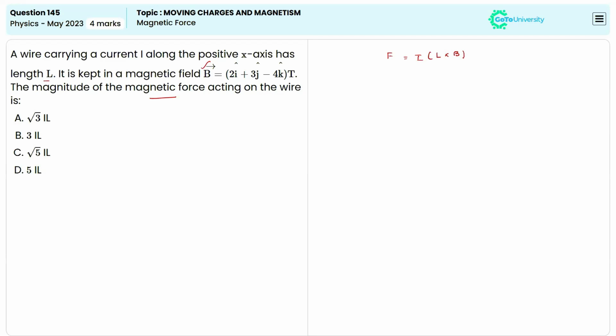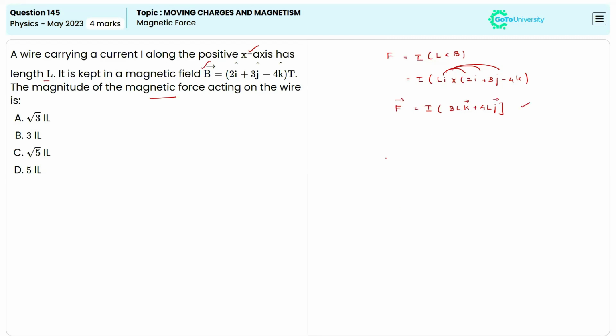So here we can write I times L, and because it is along the x-axis, the length will be L i. And B here is given as 2i plus 3j minus 4k, right? When we multiply the quantities, like i cross 3k and i cross 4j, we get the force in terms of vectors.